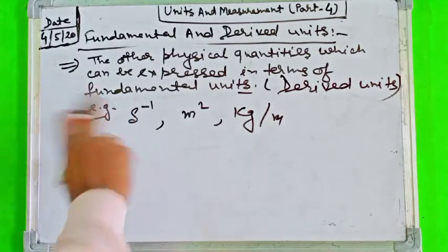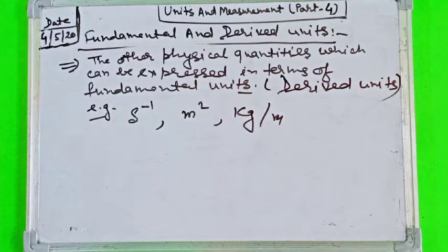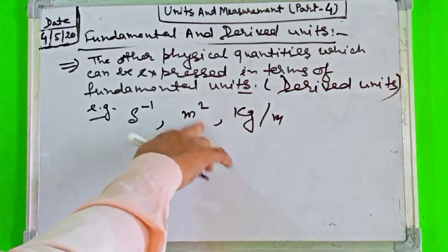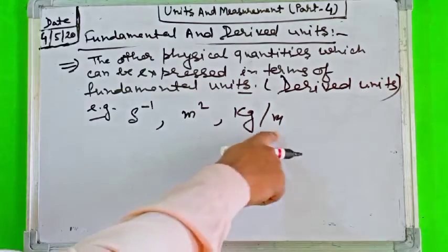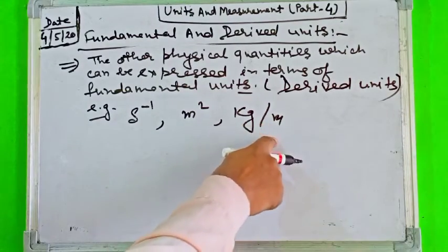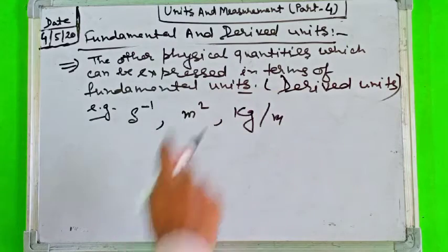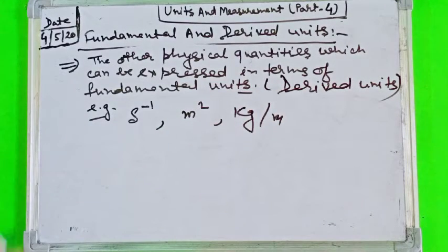So it is derived from the fundamental unit of time. Here meter square is also derived from the fundamental unit of length. Kg per meter, two fundamental units are involved to make a physical quantity. So these are called derived units.